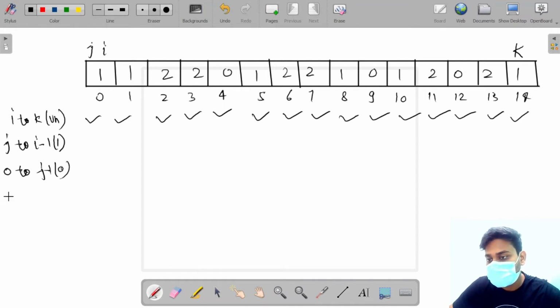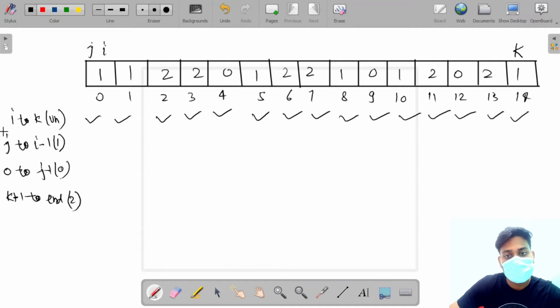And the fourth region will be from k plus 1 to end, and this region will be known as the region of 2. So initially these three regions are undefined because all elements are lying in the unknown region.